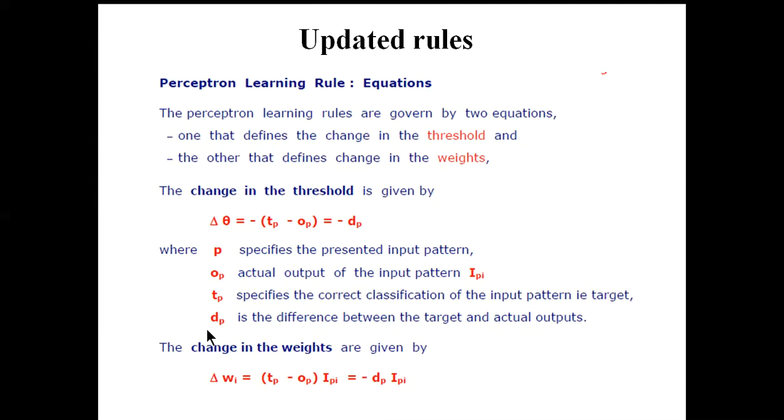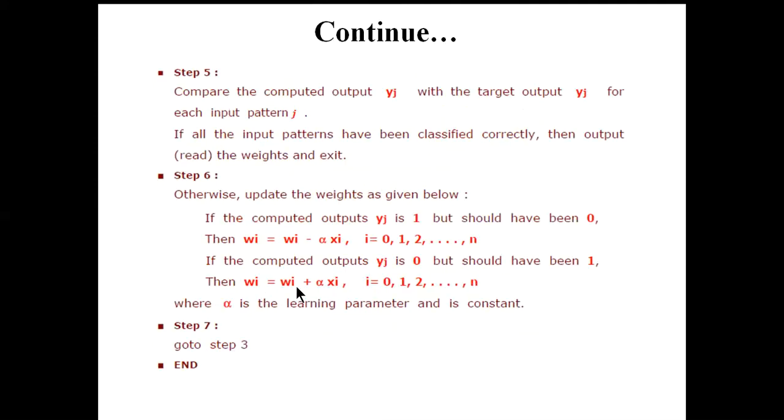Next we can see the perceptron learning rule has been updated to deal with real life data. Here, wi plus alpha xi basically represents the change in the weight.